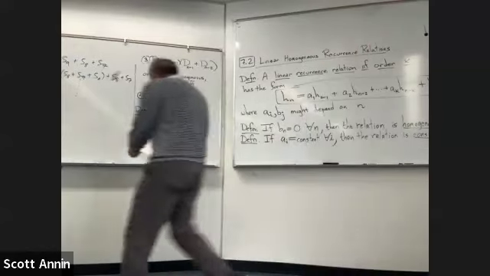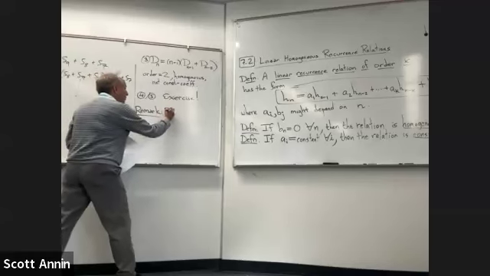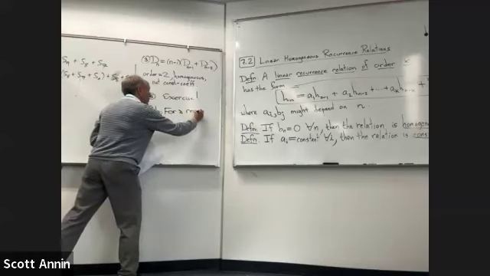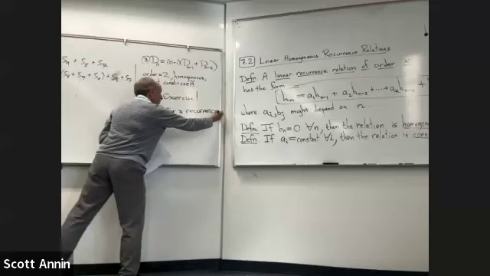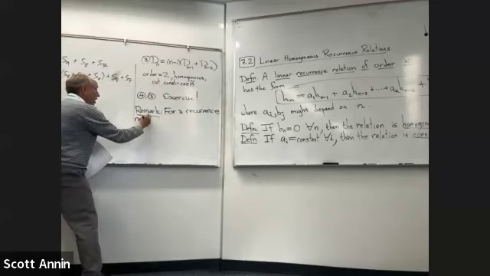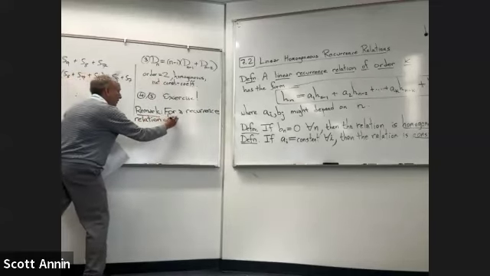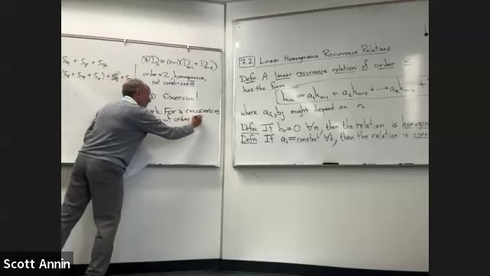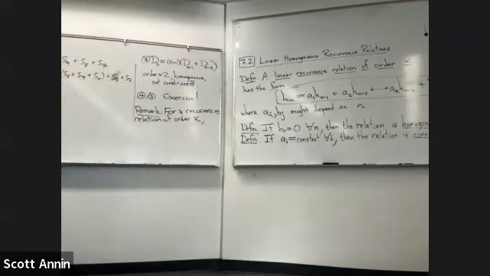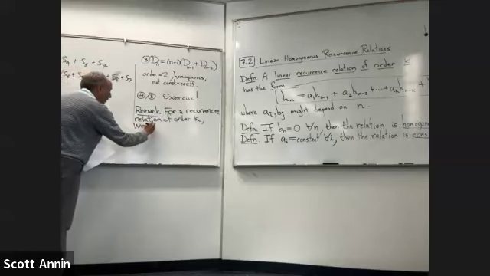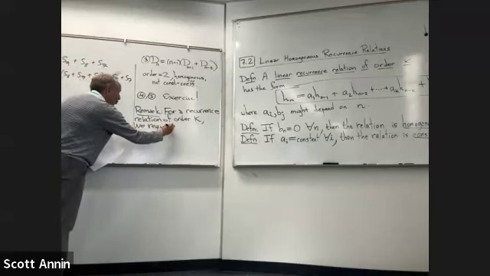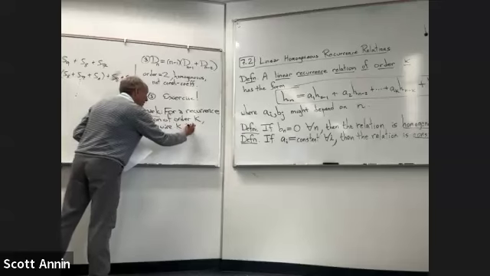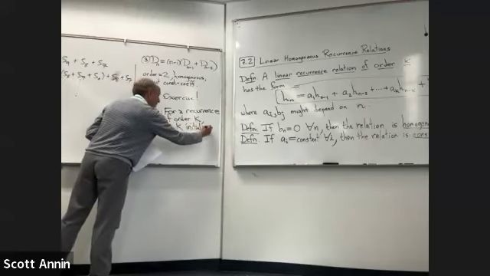That's exactly right. Let's write that down in the notes here, guys. For a recurrence relation, this is just a remark. For a recurrence relation of order K, we require K initial values.